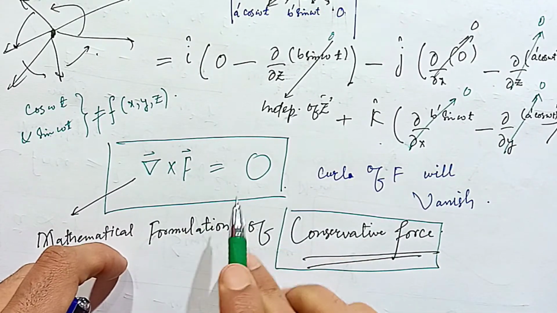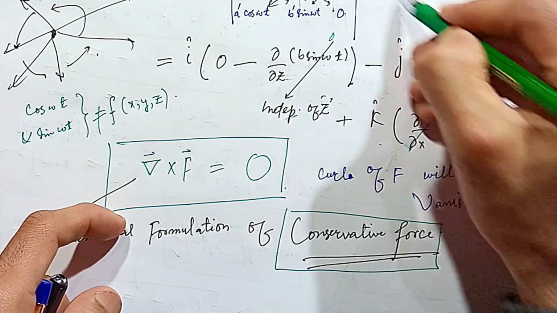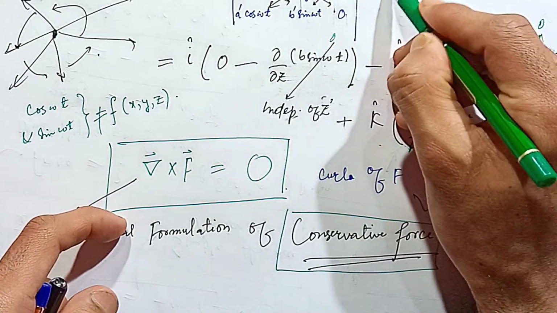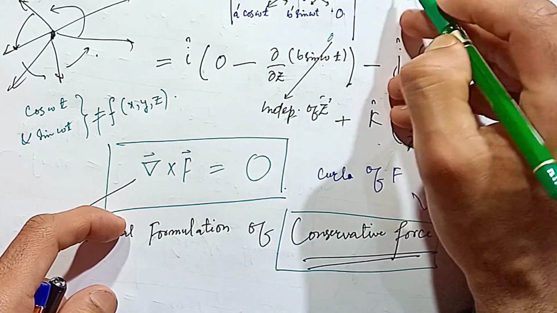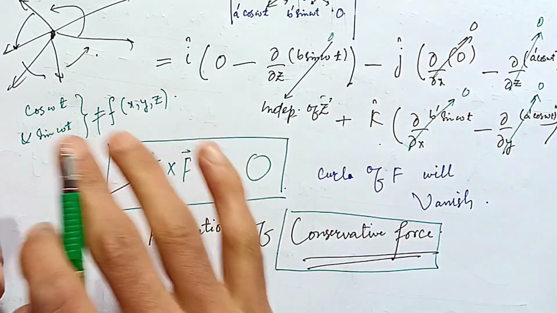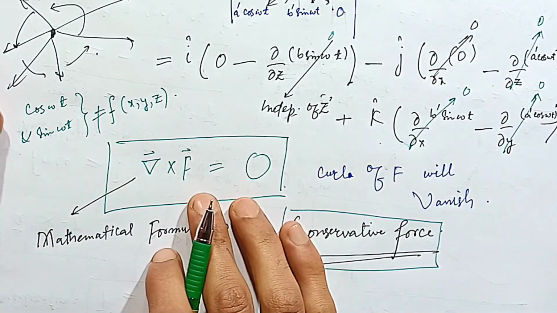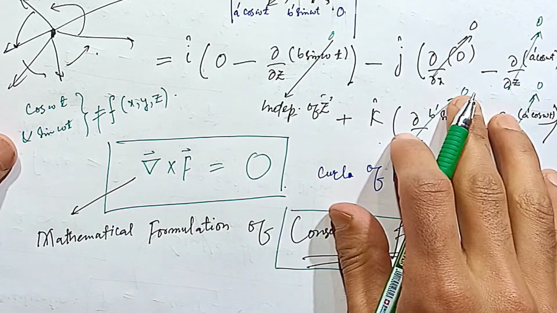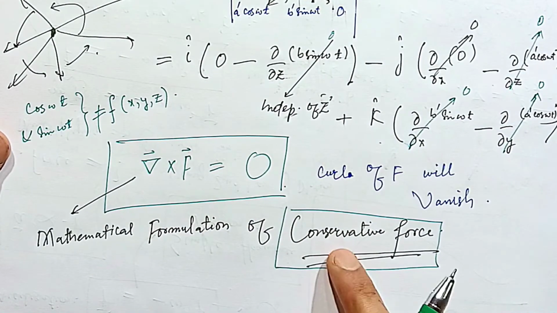That means the force is conserved. That means the force which we were discussing along the path, along the curve given by r equal to cosine of omega t and sine of omega t, that very force is actually a conservative force.